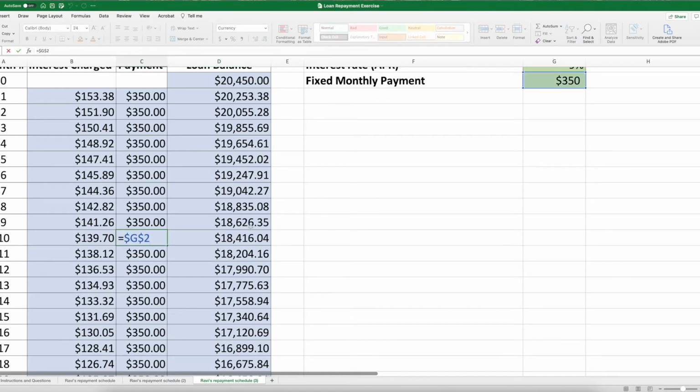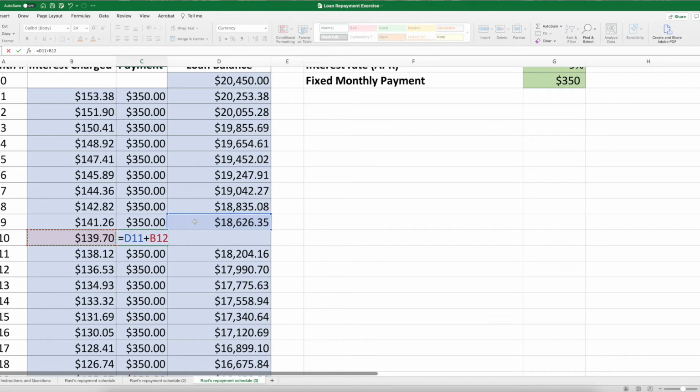Well, what would he need to pay off his loan entirely in month 10? Well, he would need to pay off what he owes at the end of month 9 plus any interest charge he accumulates in month 10. So we enter a formula to calculate that. We enter the cell that contains the loan balance at the end of the previous month and add to it the amount that he will need to pay off the interest charge he's accumulated this month.